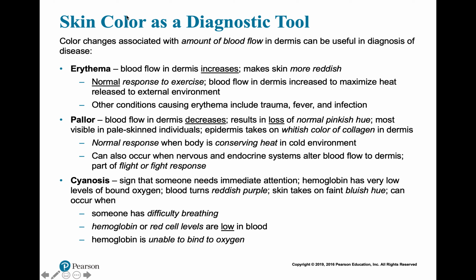Another thing that we could use as a diagnostic tool is, if you've ever heard of jaundice before, jaundice is a medical condition in which you have bilirubin buildup. A normal thing that happens in your body is red blood cells are constantly recycled.